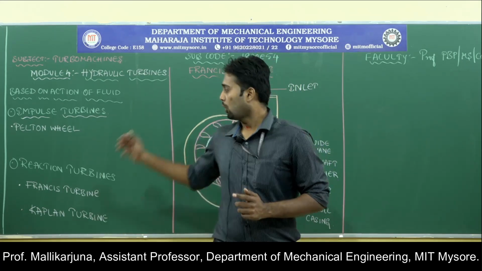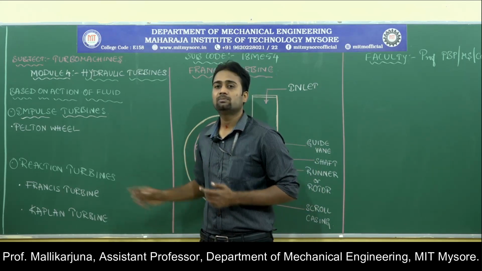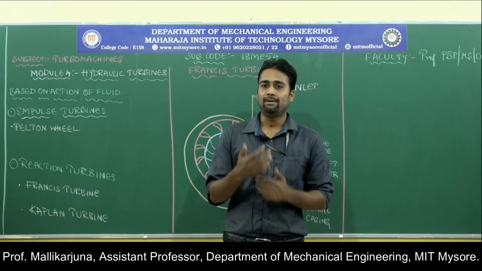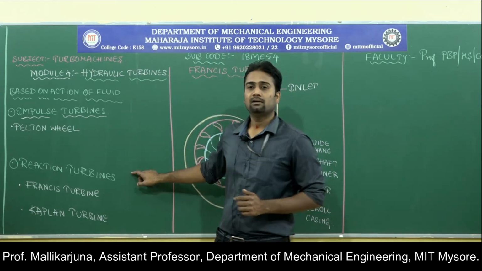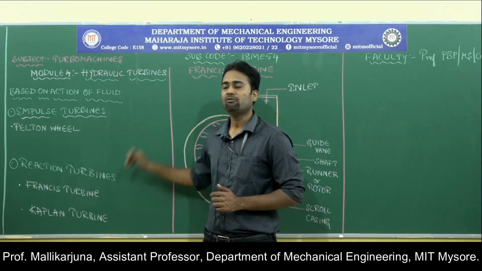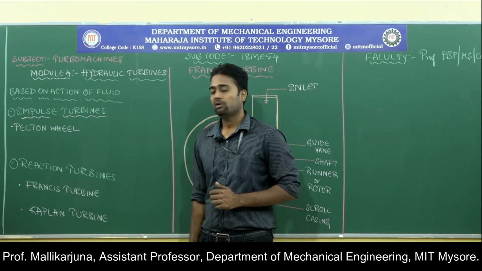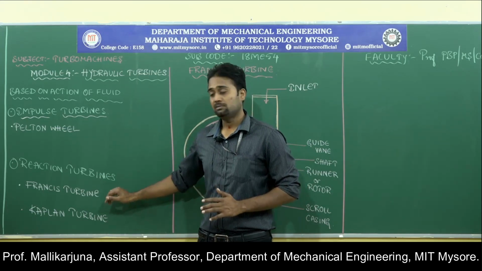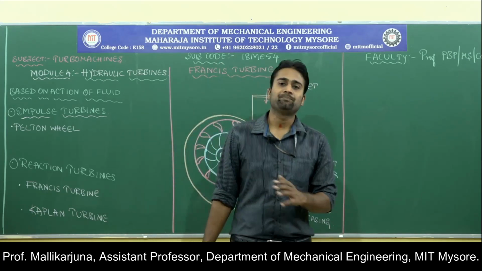That means, along with the impulse action, the reaction will also be responsible for the rotation of the blades of the turbine. That is why these turbines are considered reaction turbines, or reaction kind of hydraulic machines. Under this category, we have two different turbines in our syllabus: the Francis turbine is the one and the Kaplan turbine is the second one.